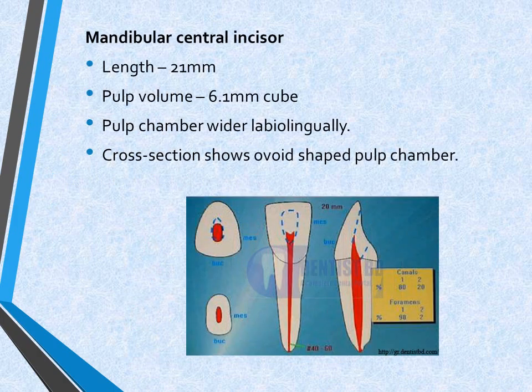Coming to the mandibular central incisors, over here you can actually see the triangular shaped access opening again, similar to your maxillary incisors. The pulp chamber is wider labiolingually.